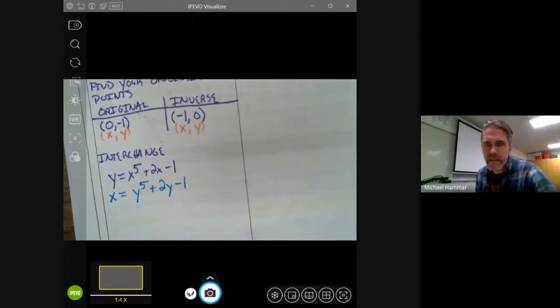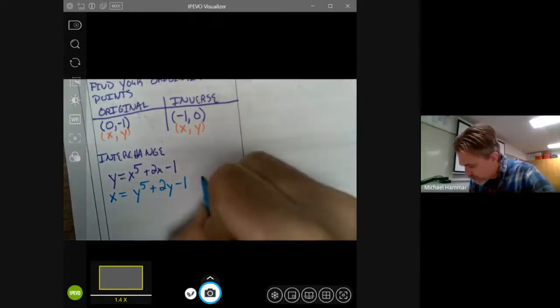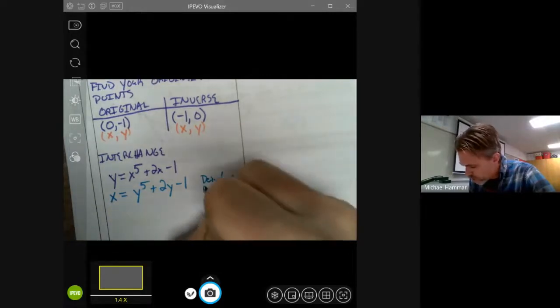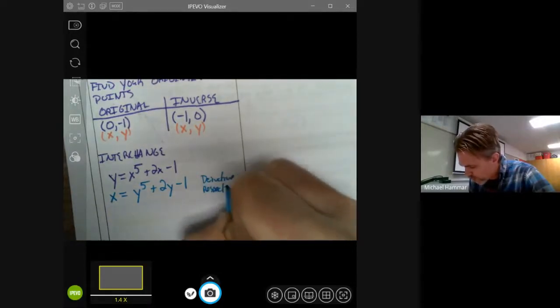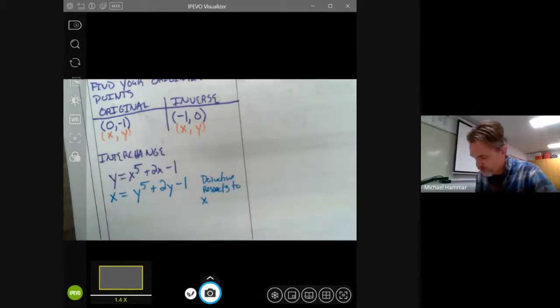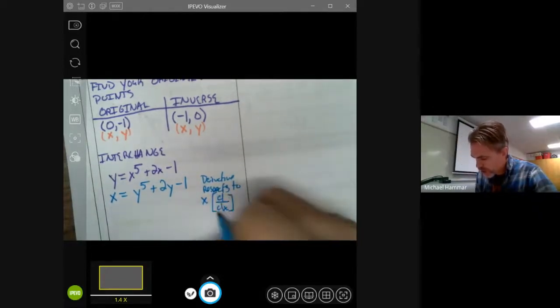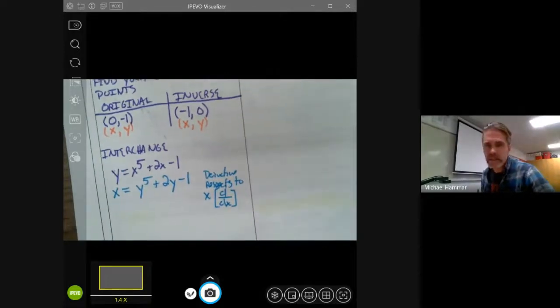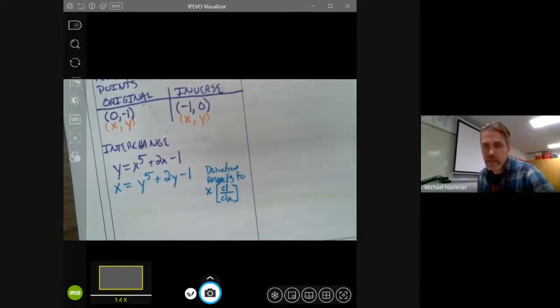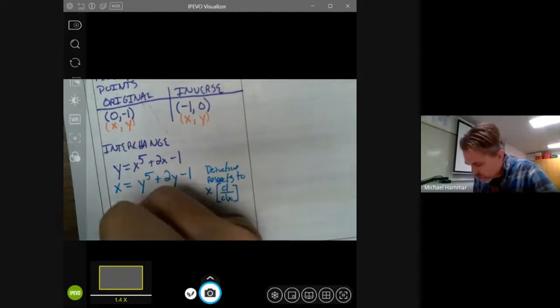Once you interchange them, now take your derivative with respect to x. So we are going to do, of course, the d over dx. Let's take the derivative of each of these pieces. The derivative of x is 1.